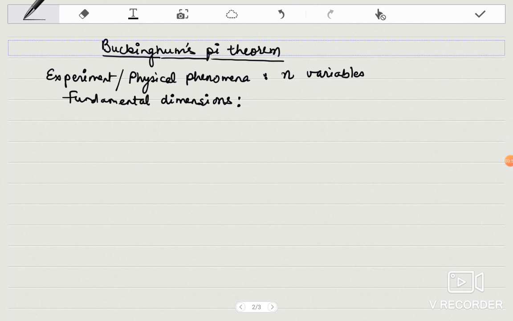Whatever the situation, we will decide accordingly. So the experimental or physical phenomenon involves n variables, and the fundamental dimensions are, suppose, m in number.